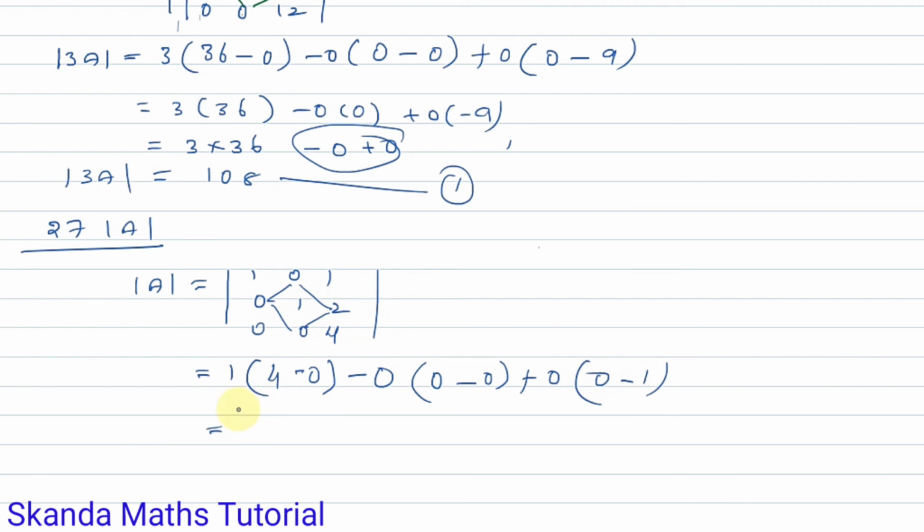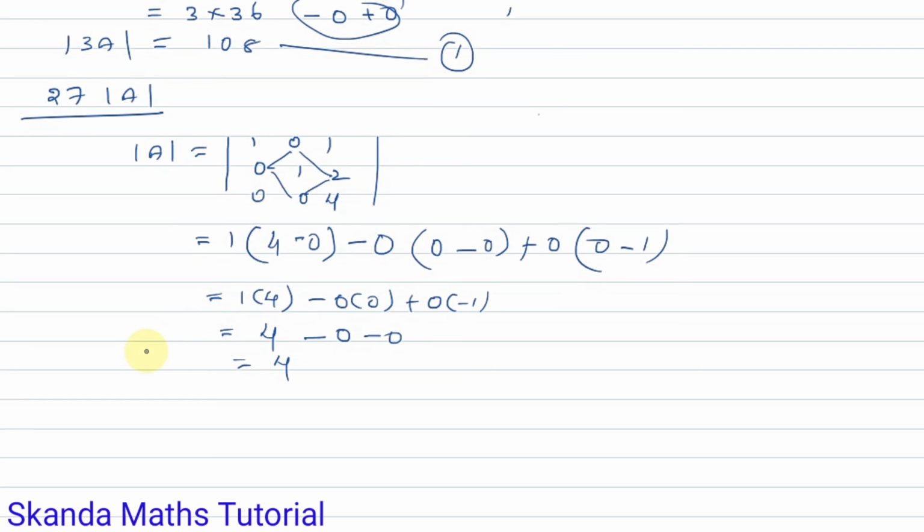No problem. So it is 1 into 4 minus 0, plus 0 into minus 1, which implies 4 minus 0 minus 0. Ultimately the value is only 4. This is the determinant of A.